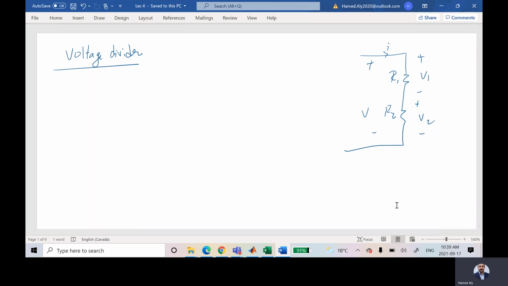Today, I would like to talk with you about the voltage divider. In the previous class, we were talking about the current divider. We said that for the current divider, if I have two parallel branches with resistors only, and I don't have any voltage source or current source, then I can find the current in each branch if I know the total current, as a function of the total current and the resistors.